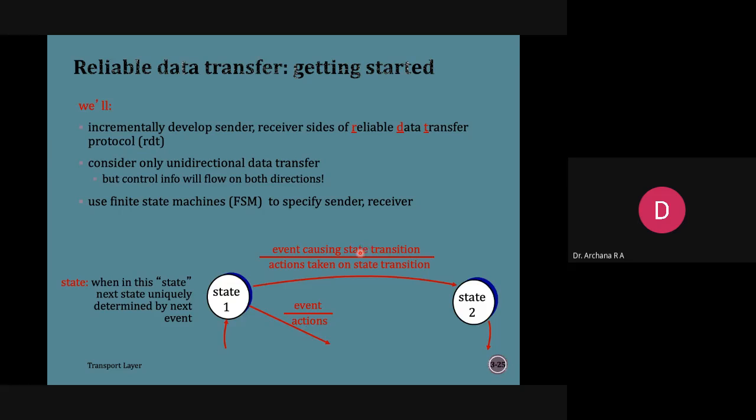The content above the horizontal line indicates the event causing the state transition, and the content below the horizontal line indicates what action has to be performed, that is, the actions taken on the state transition. Okay, so this is how we are going to start.